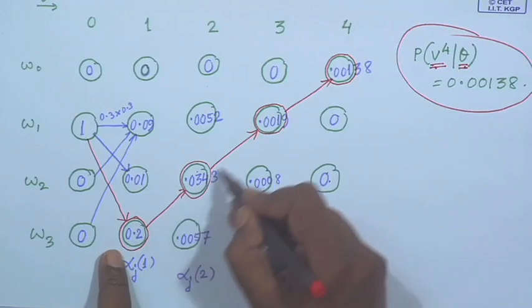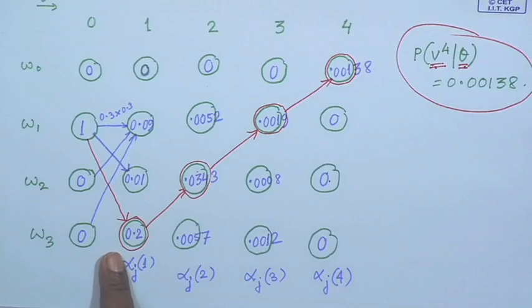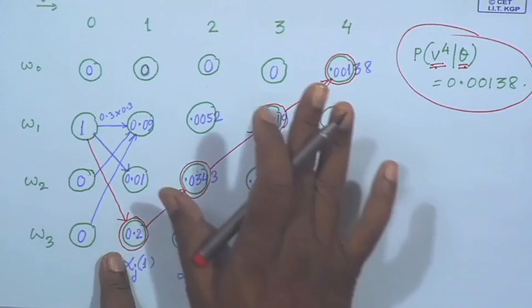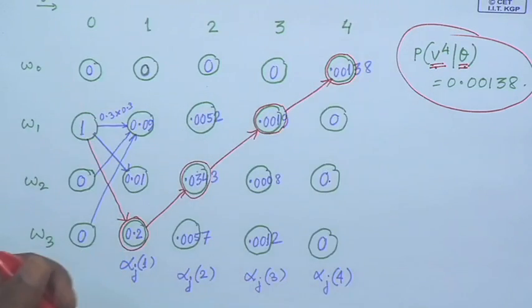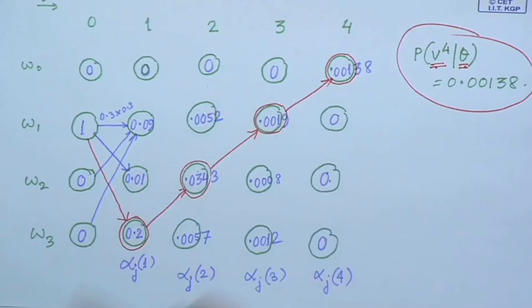So, this is the most probable sequence of states, and that is my decoding problem. And from the trellis diagram, I have this simple method to solve the decoding problem.